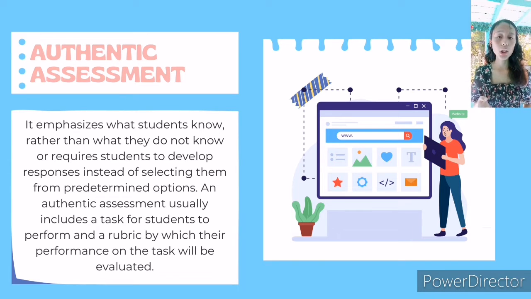It requires students to develop responses instead of selecting them from predetermined options. Authentic assessment usually includes tasks for students to perform, with their performance evaluated by rubrics. The best example for this assessment is an assignment that requires students to solve problems and do creative activities.